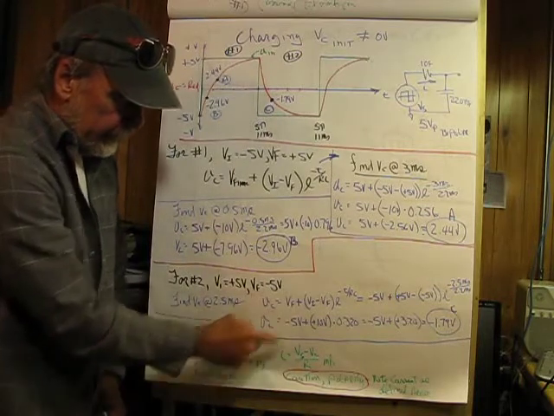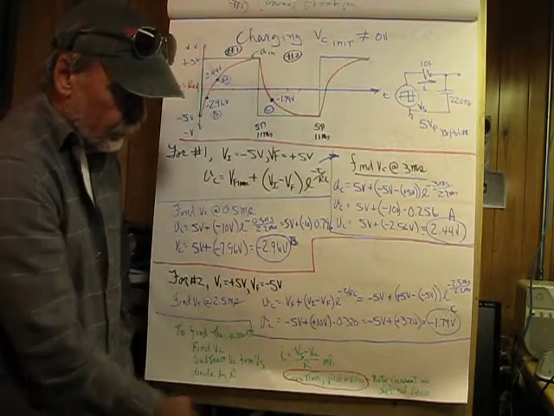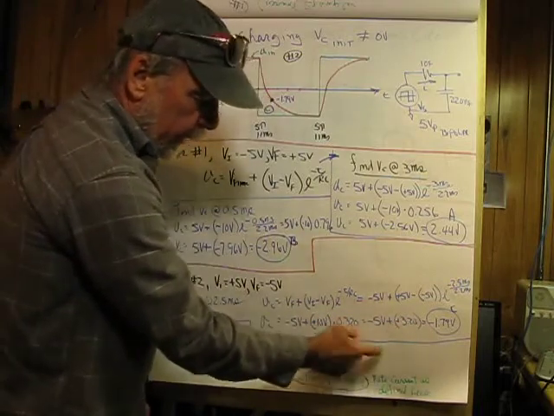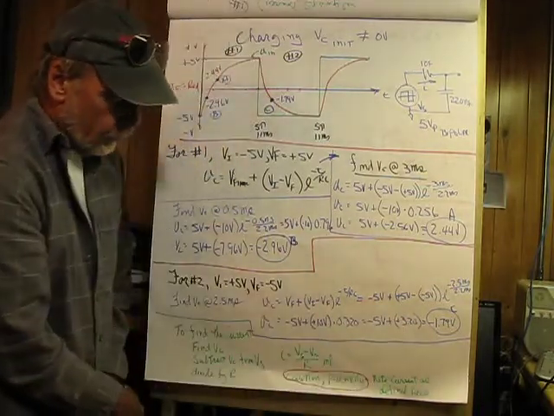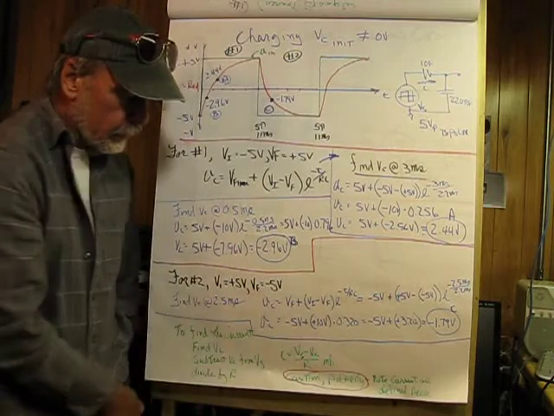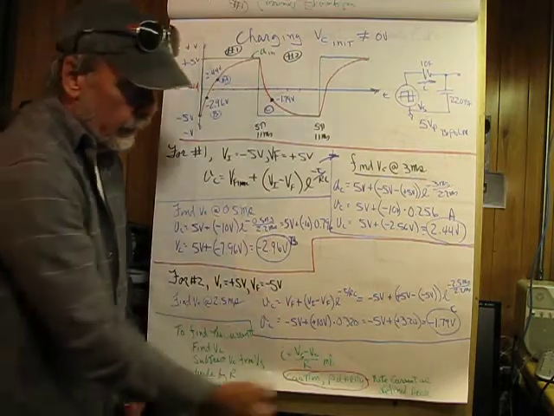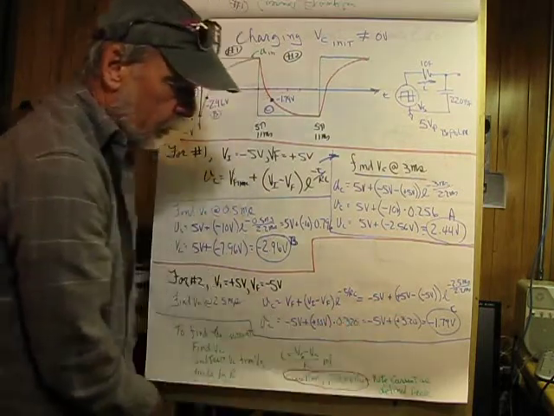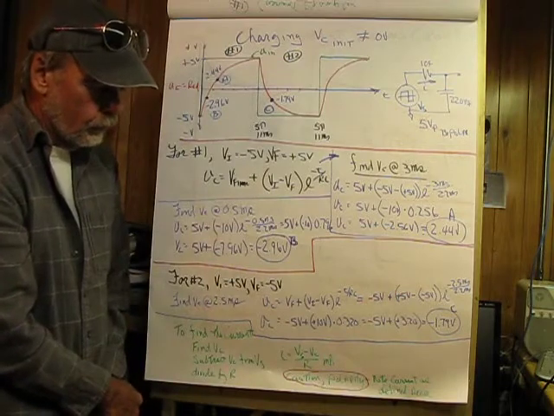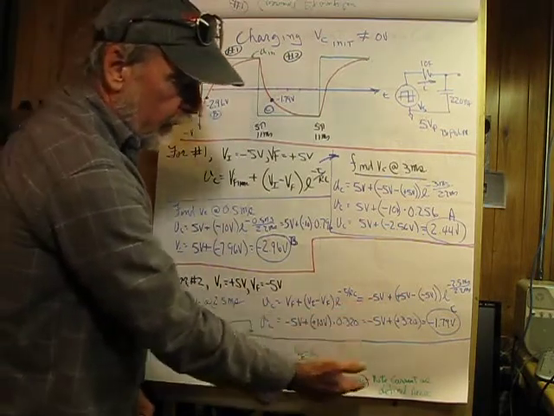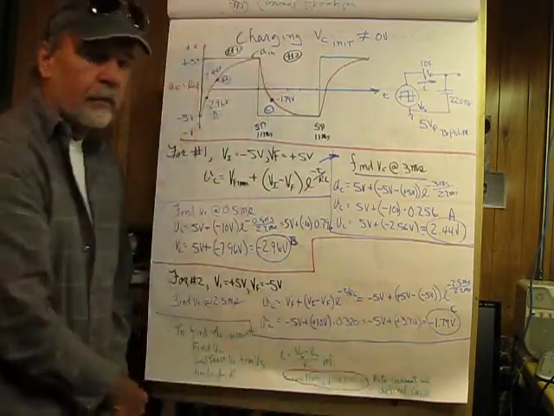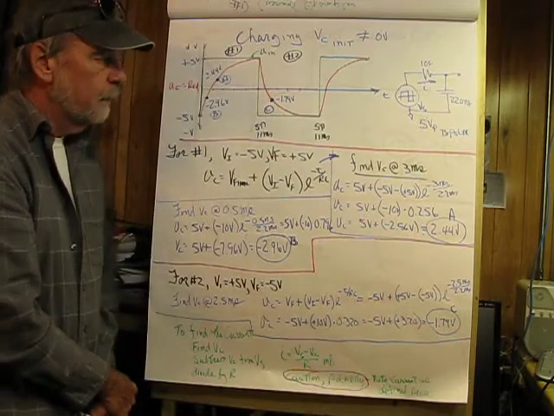And then we're going to add that to negative 5 volts, and we do the math on this. For the 10 volts times 0.320, we end up with a value of 3.20 volts. Added to negative 5 gives us negative 1.79.